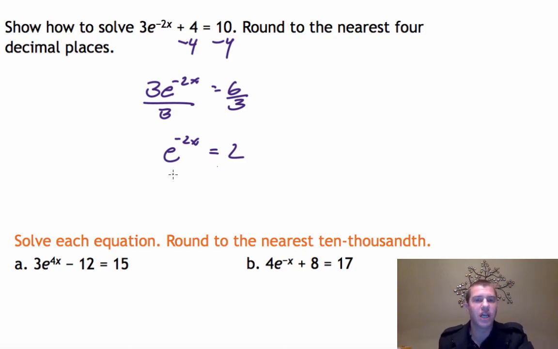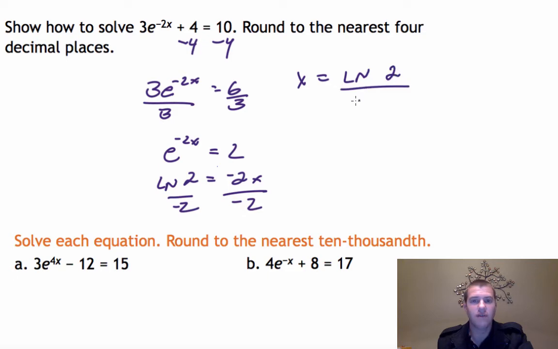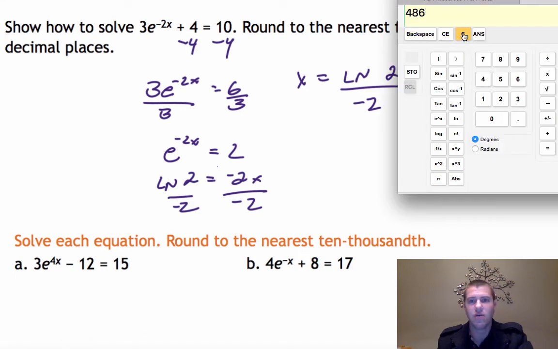And now I can change it to log form. Log base e, well, that's going to be ln of, go away, 2, come back, is equal to negative 2x, and divide by negative 2. So I have x is equal to ln of 2, all divided by negative 2. And when you're typing this in the calculator, the way you can do it in this calculator, you type ln of 2 in the parentheses and then divide by negative 2.